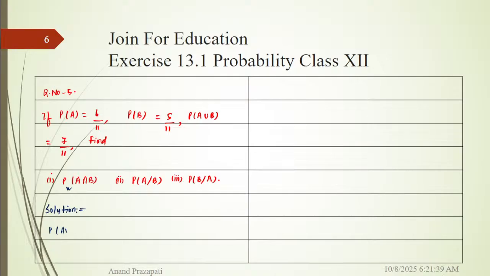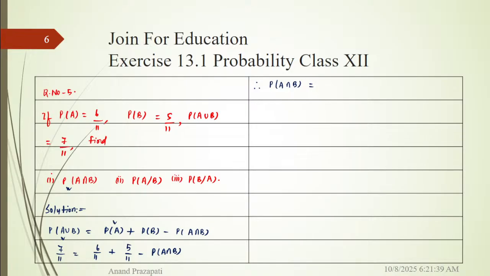Probability of A union B equals probability of A plus probability of B minus probability of A intersection B. Now putting the values from the question, this one is given as 7 by 11, and probability of A equals 6 by 11 plus probability of B equal to 5 by 11 minus probability of A intersection B, which is not given and is asked in this question. Therefore 6 plus 5 equals 11 by 11, which means 1.